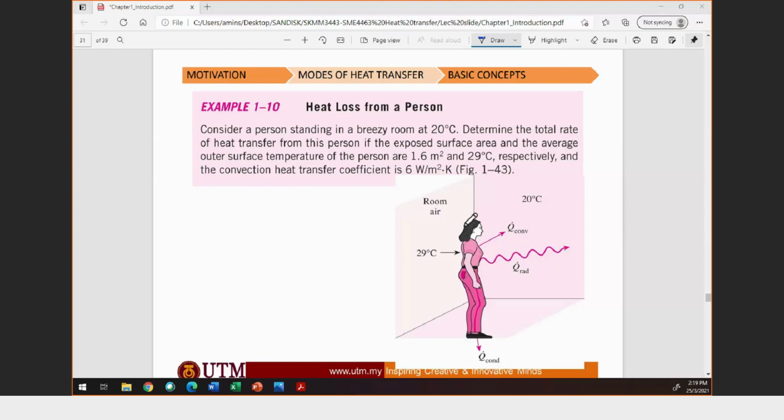In this case, a person is standing or sitting in a room where the room temperature is 20 degrees Celsius. You may say this temperature is basically the surrounding temperature.